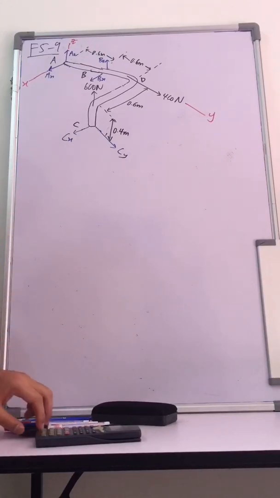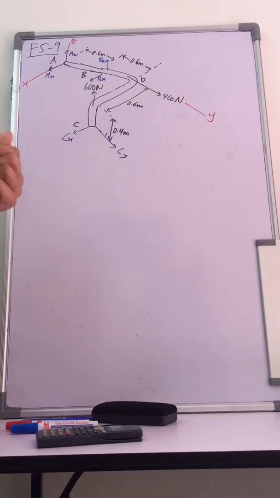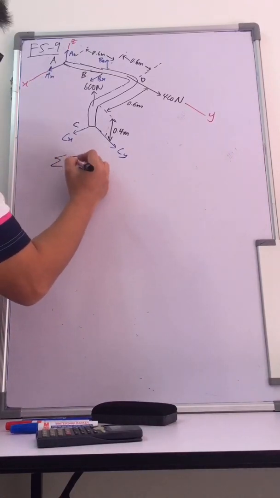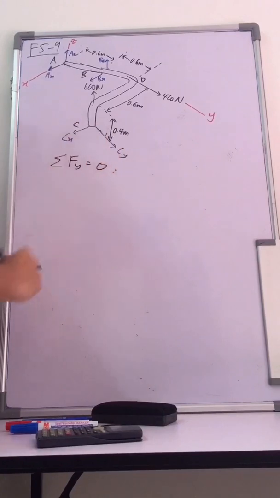You can write any equation that you want, but because we may need to write lots of equations, we need to be smart here. So try to write the first equation like in the previous example. Try to write the first equation that can solve an unknown right away. Okay. So probably you want to do the force in y equals 0 first.